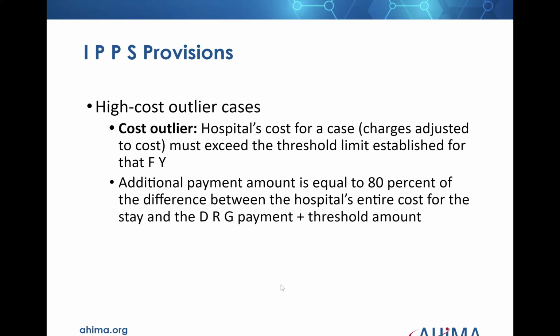Some cases exceed the threshold amount admitted for that fiscal year, and the additional payment amount is equal to 80% of that difference for the stay and the DRG payment and threshold. That's the way if we have one outlier, it doesn't financially cripple the hospital.